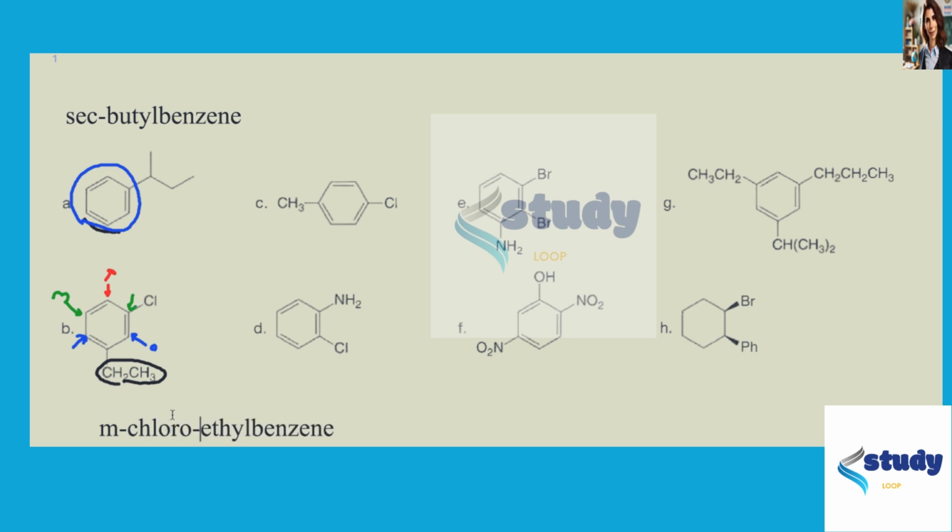So we have an m-chloroethylbenzene. Sorry, there actually shouldn't be any hyphen in between there. They're not numbers. So what about this one on top here in C?